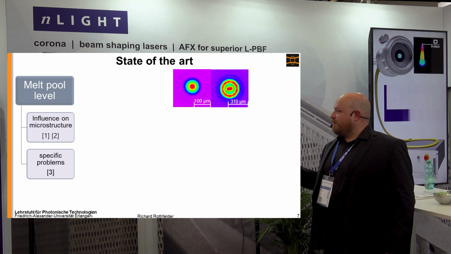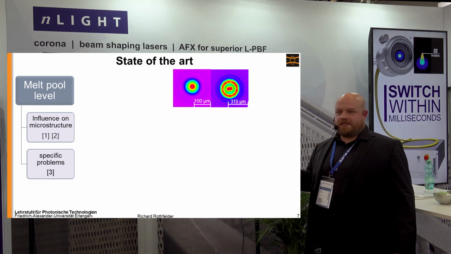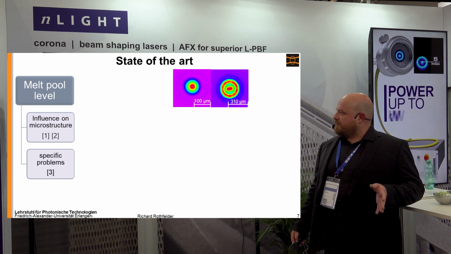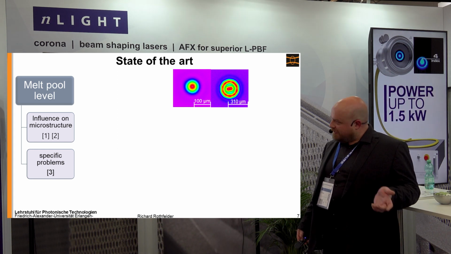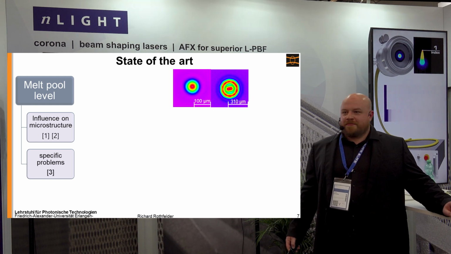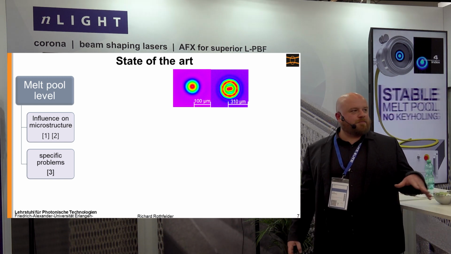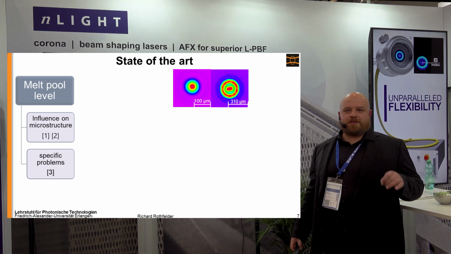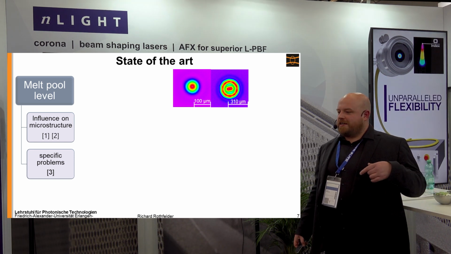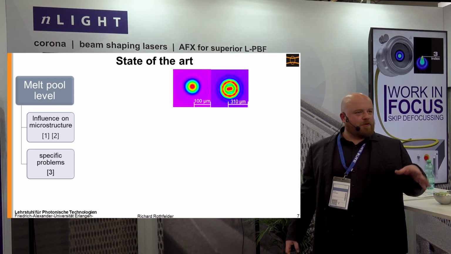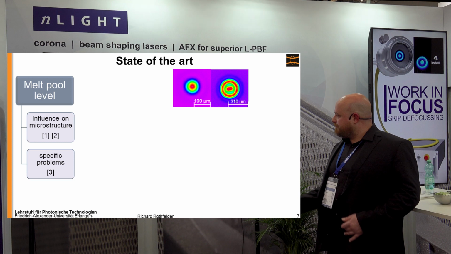Then you can work on specific problems like the decrease of the hot cracking risk in your alloys, or in my case where we want to try local in-situ modification, meaning that we drop smallest amounts of powder into a powder bed, and then we want to avoid that the spatter formation carries away most of the powder we put in there.